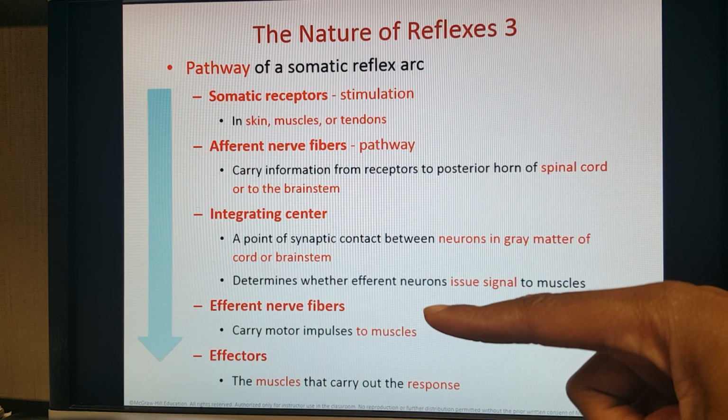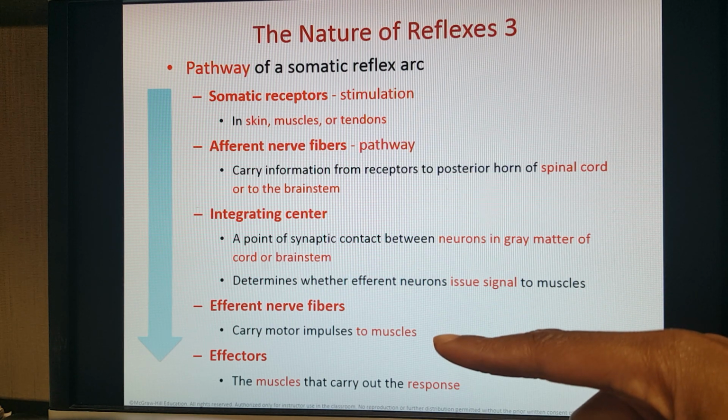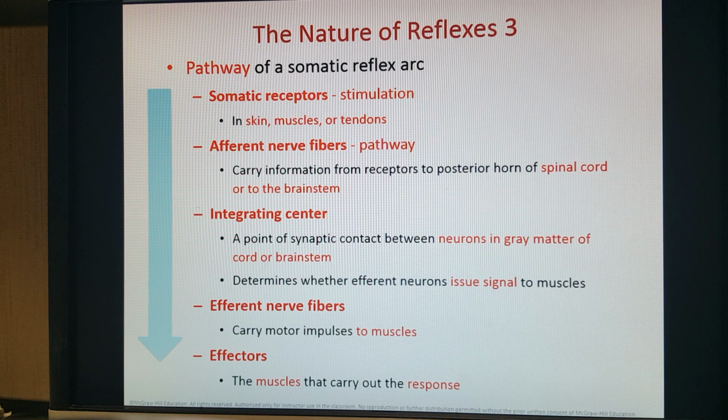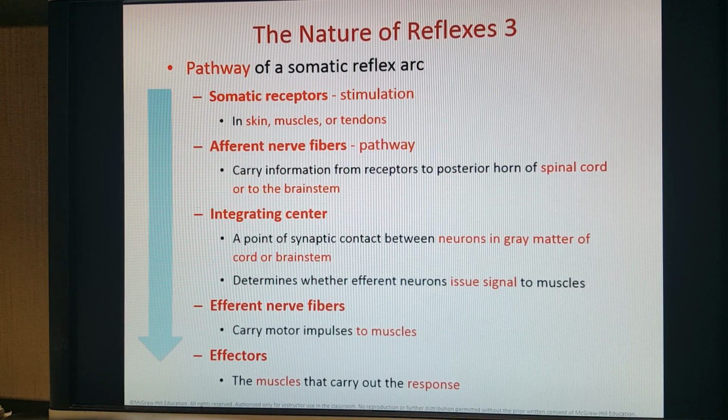That efferent nerve fiber is then stimulated to tell the muscles in my hand, arm region, wherever, to move away from the sharp object, and therefore those muscles will carry out the response. So those are your effectors.